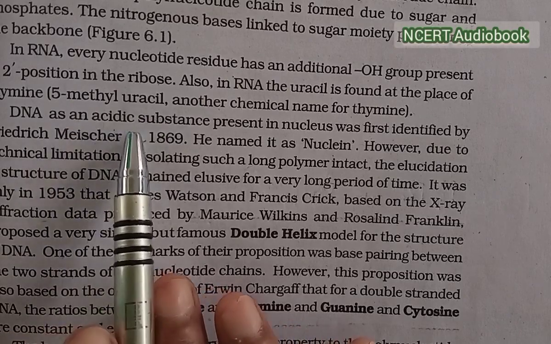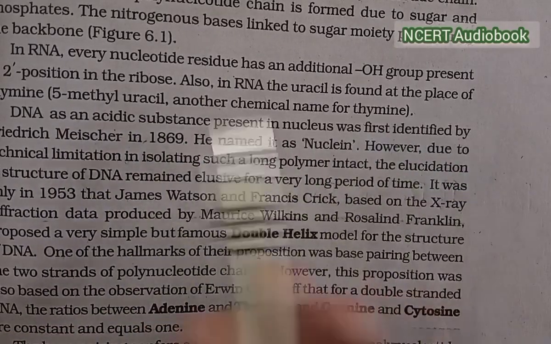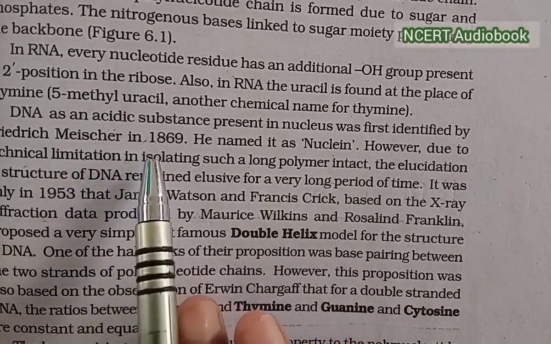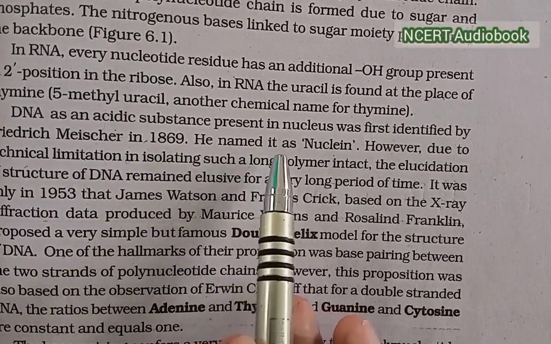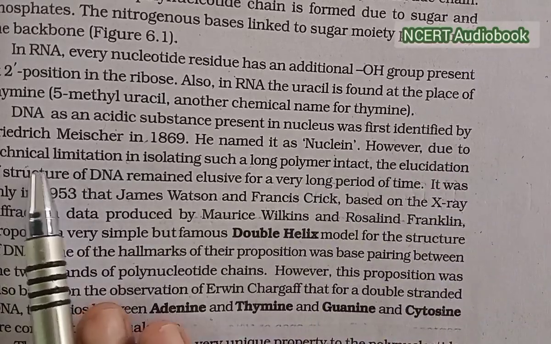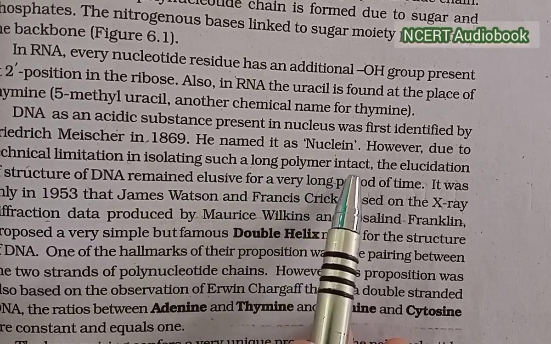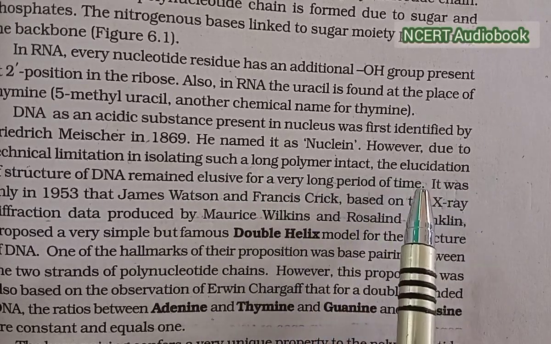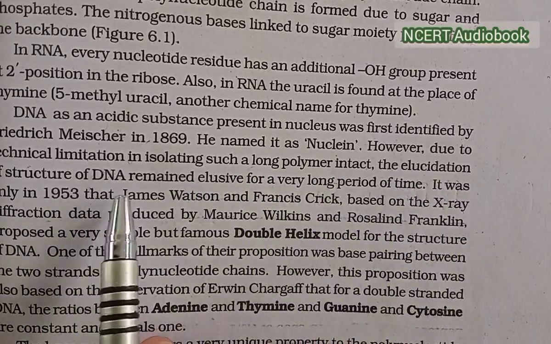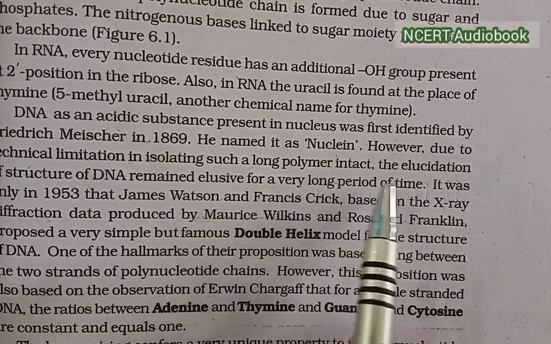DNA as an acidic substance present in the nucleus was first identified by Friedrich Miescher in 1869. He named it nuclein. However, due to the technical limitations in isolating such a long polymer intact, the elucidation of the structure of DNA remained elusive for a very long period of time.